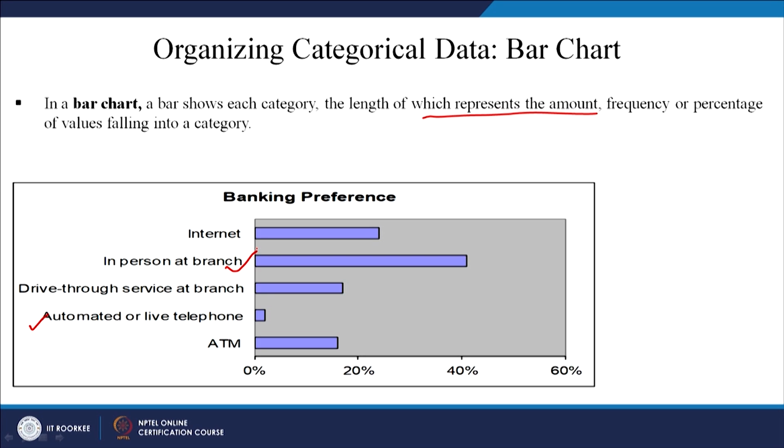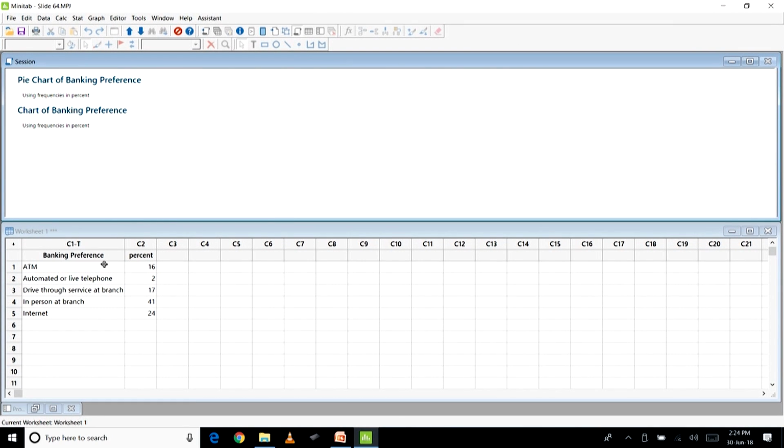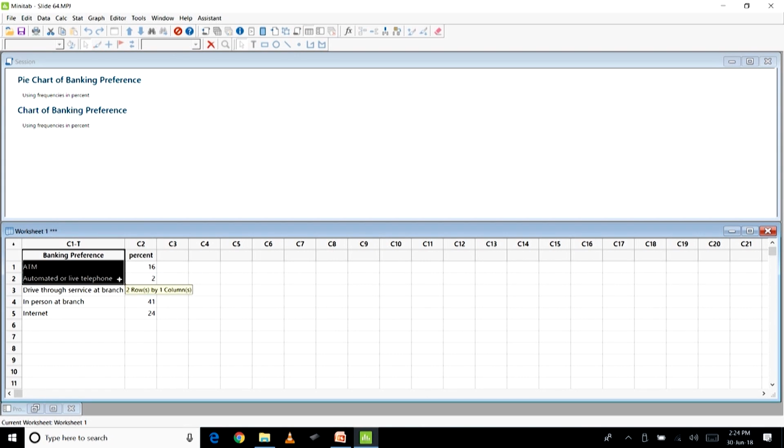You can prepare this kind of bar chart using different software. I will show you how to present a bar chart using Minitab software. Let us look at how to prepare a bar chart using Minitab. You need to enter data first of all in the worksheet.